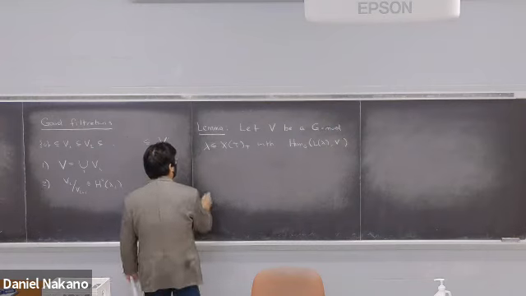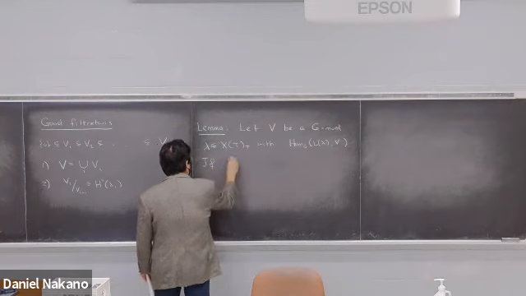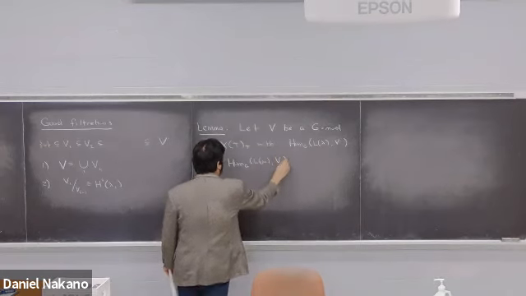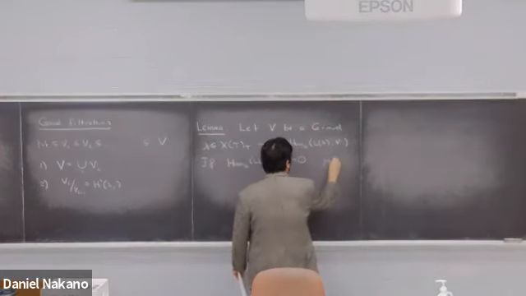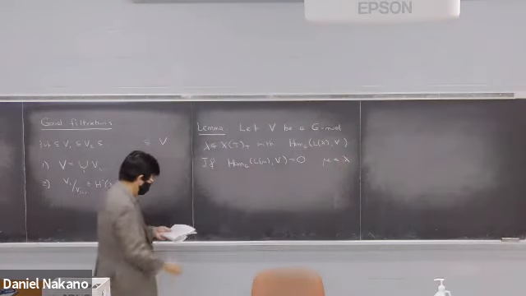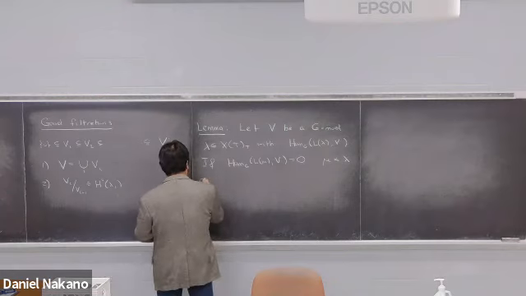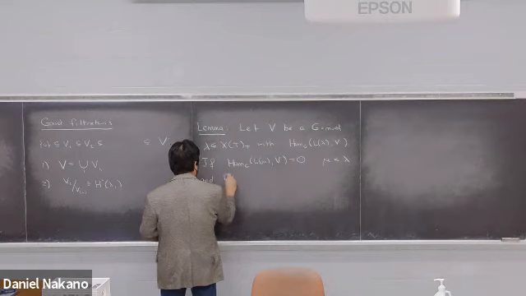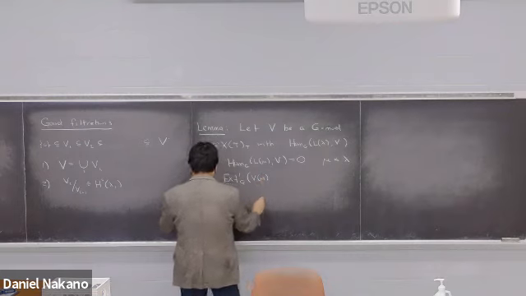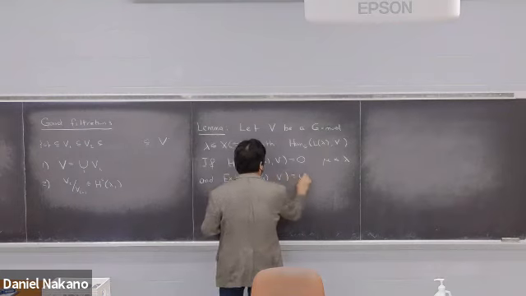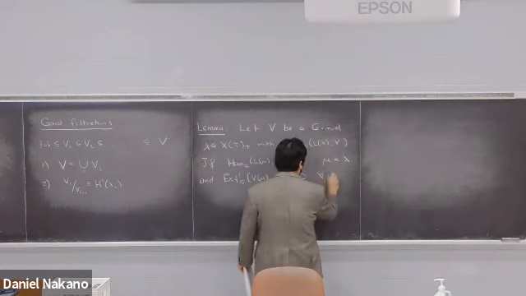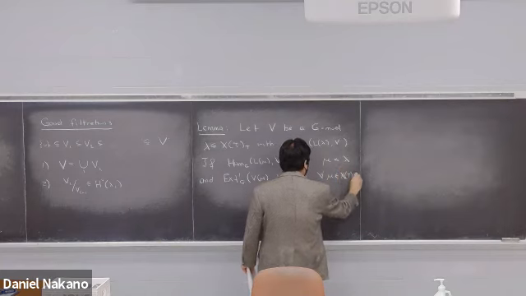All right. So if Hom_G(L(mu), V) is equal to 0 for mu's which are less than lambda, and we have that Ext^1_G(V(nu), V) has to be 0 for all nu in X(T)+.